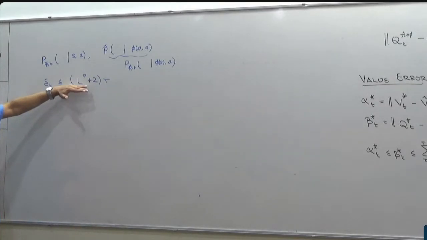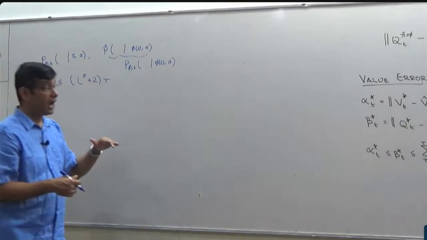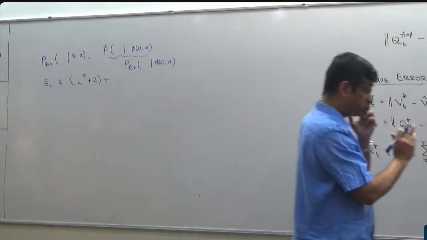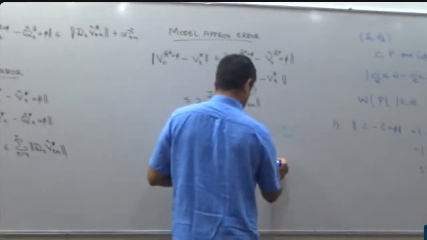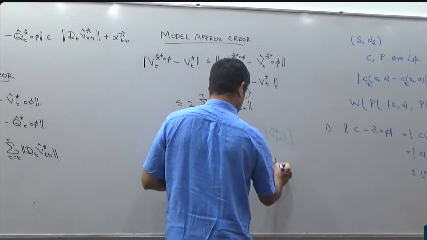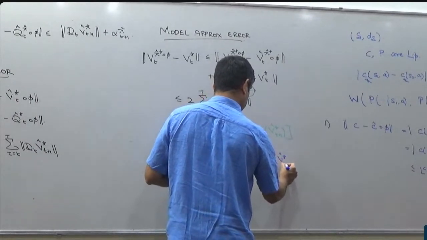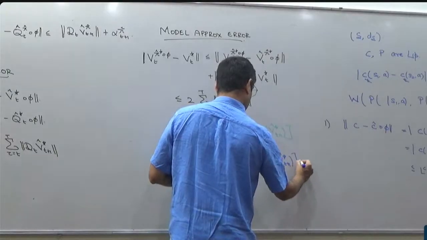But I can get this type of bound, and if you just trust me for this derivation, if I go back to this analysis, what I will get is that this is less than equal to tau equals 2e to capital T, LC plus LP plus 2, the Lipschitz constant of V hat star T plus 1, multiplied by R.